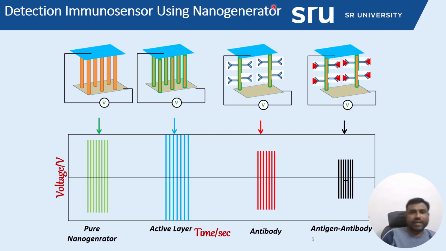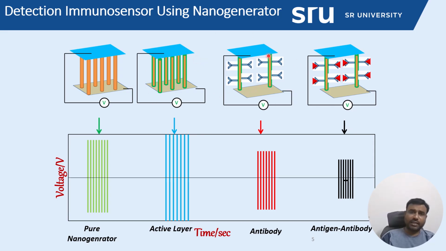Any biomolecule we can attach over the active layer. Even some nanomaterial we can decorate, for example gold nanoparticle or silver nanoparticle. Like that, some nanoparticle we can deposit or attach over the active layer. So the active layer is specifically for attaching some substances, especially here some bioreceptor.